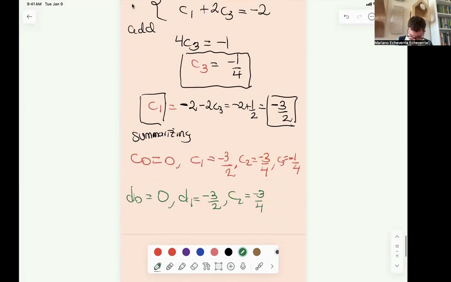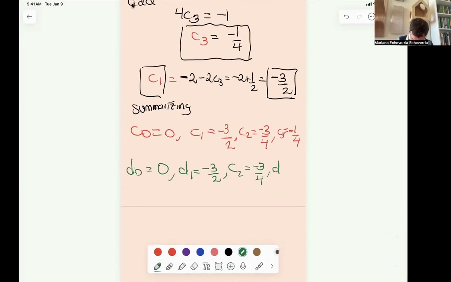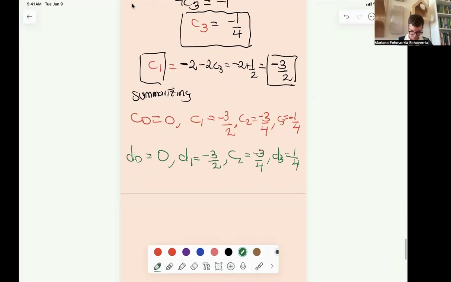D3 was minus C3. So D3 would be 1/4. So that means that the first line would be -3/2 x minus 3/4 x squared minus 1/4 x cubed.